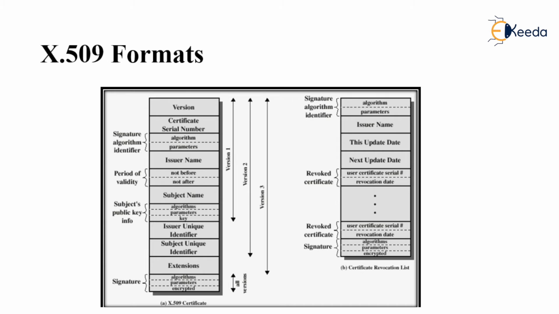Also in the figure you can see the certificate revocation list, which needs the signature algorithm identifier, the update date, the next update date, the revoked certificates, which are the user certificate serial number and revocation date, and the signature.